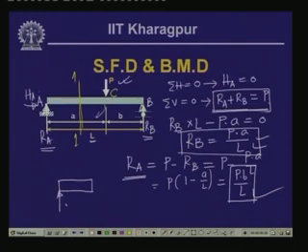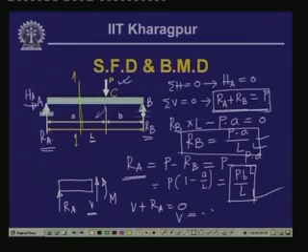Here we have the reactive support R A. Now, on this part there is no external load, but on this section there will be stress resultant V and the moment M. Now, if we take the equilibrium of the vertical forces, then V plus R A is equal to 0. So, this gives us the value of shear force is equal to minus R A, and R A, we have seen, is P B by L. So, this is equal to minus P B by L. So, this is the value of the shear force.